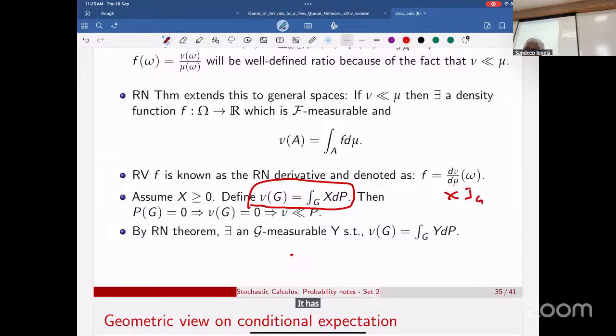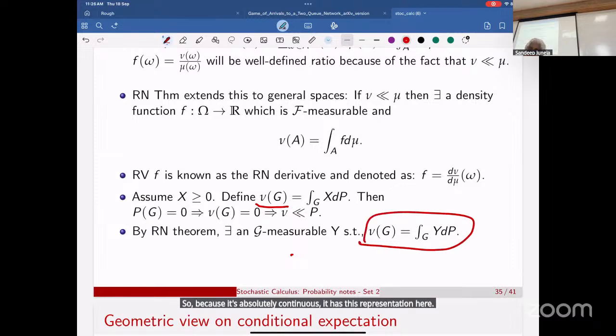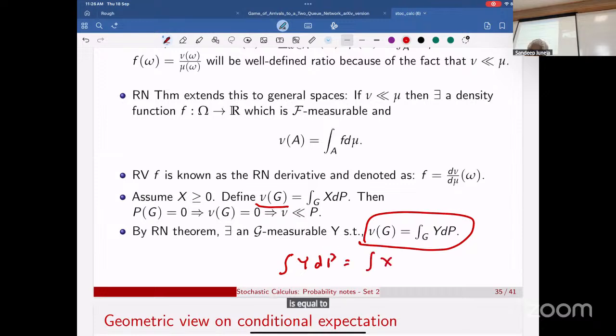It has an integral. So now I've defined nu of G on the sigma algebra G, where nu is absolutely continuous with respect to P. Because it's absolutely continuous, it has this representation. So now I get the integral of Y dP is equal to the integral of X dP over G for all G, because nu of G is exactly the integral of X dP.